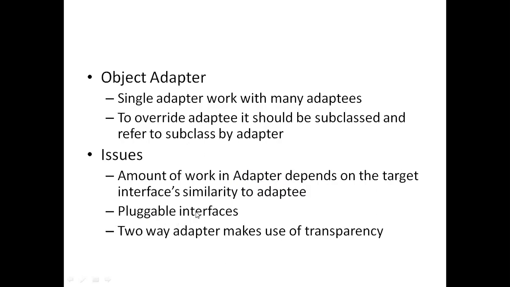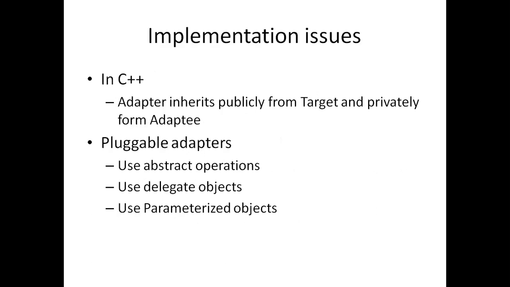And pluggable interfaces: whenever I have many interfaces which may be changed, then we have to create many adoptees at a time. And there is also the two-way adapter, in which we can make use of the adapter to the adoptee, and the adoptee can also use the adapter.